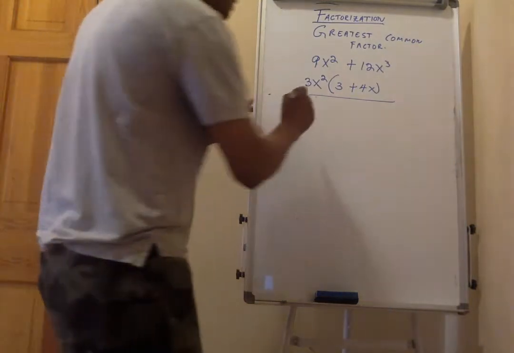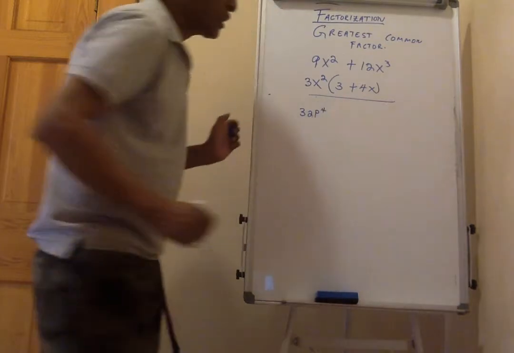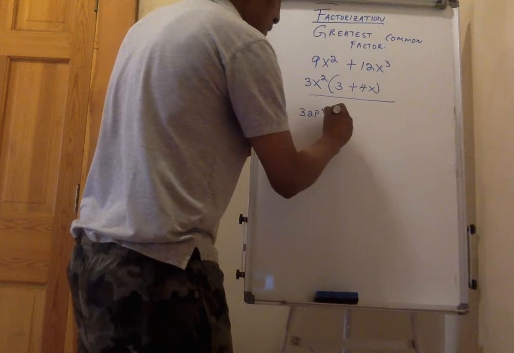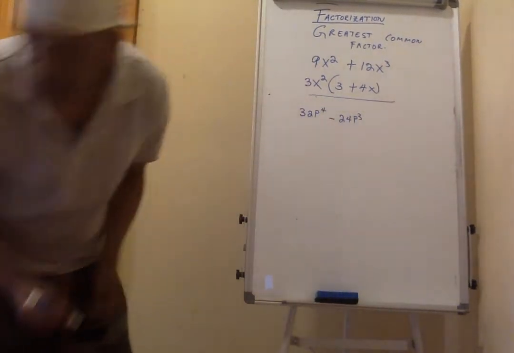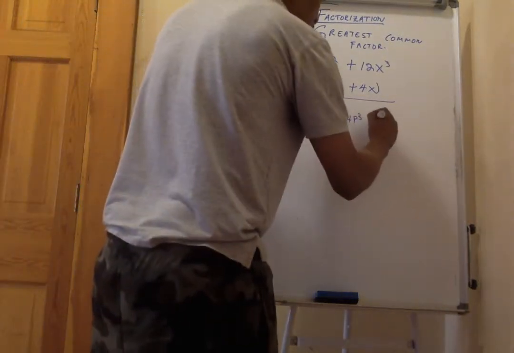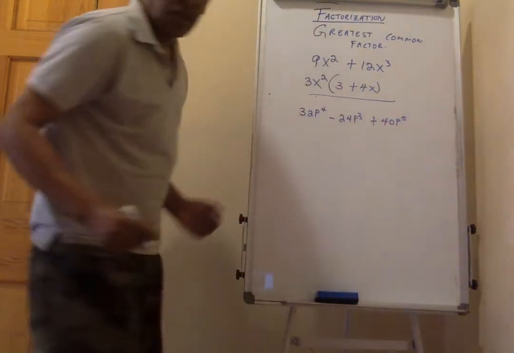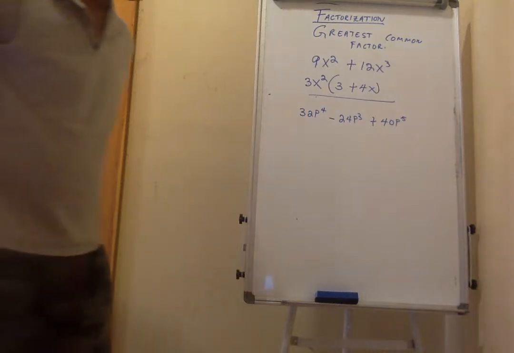Let me do another one. 32p to the fourth minus 24p to the third plus 40p to the fifth. Again, the idea is finding the greatest common factor.